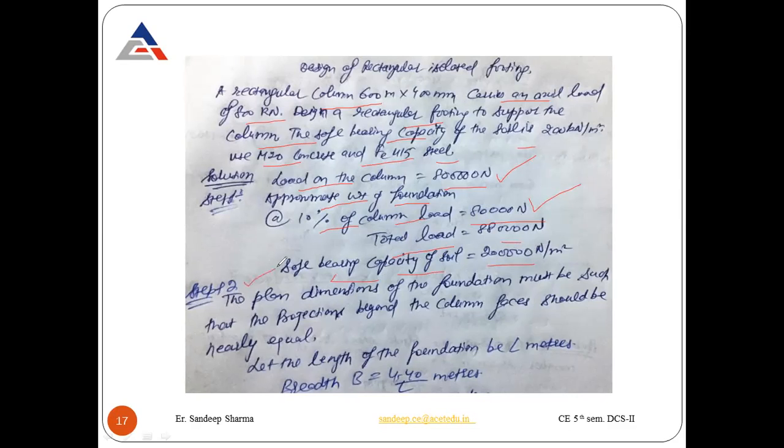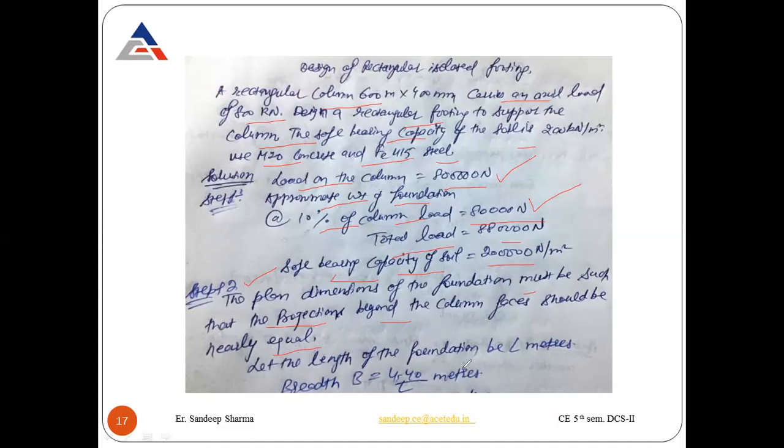As per step number two, this is important. We have to plan the dimension of the foundation such that the projection beyond the column faces should be nearly equal. So the projection of the footing beyond the column should be equal.